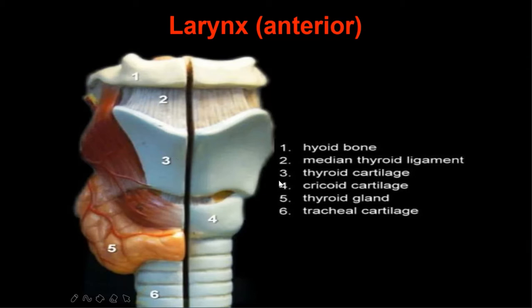Here you can see thyroid cartilage, cricoid cartilage, tracheal rings, hyoid bone, and the thyrohyoid membrane. One more membrane is here: the cricothyroid membrane, between the thyroid cartilage and the cricoid cartilage. Between the lower border of the cricoid cartilage and the upper tracheal ring, there is the cricotracheal membrane. Cricothyroid, cricotracheal, and thyrohyoid: three membranes.